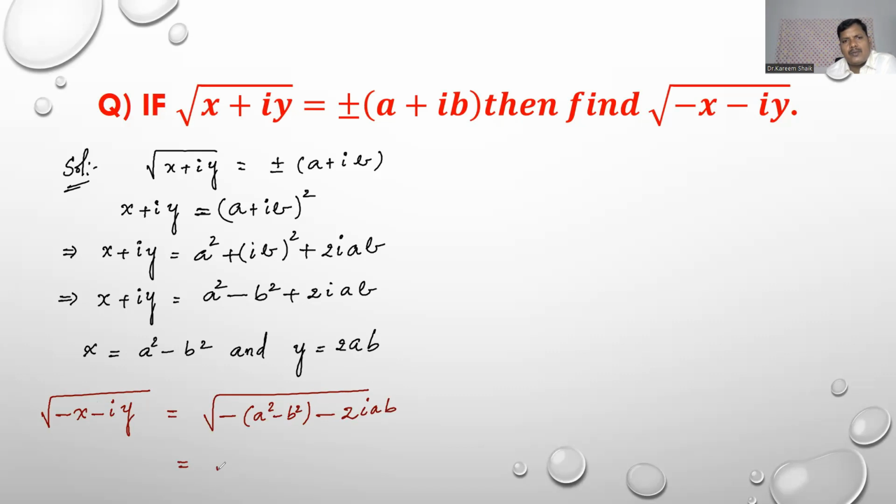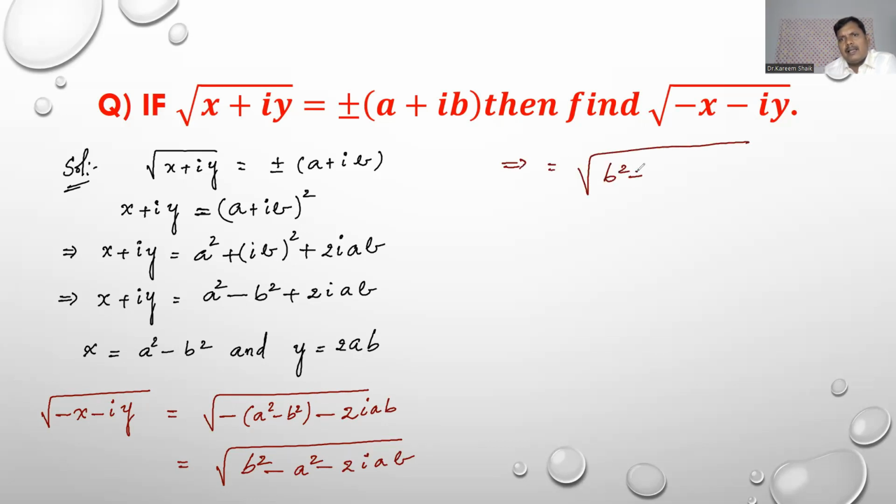Here negative of negative gives positive, so I am writing the positive value first: b square minus a square minus 2 iota ab.